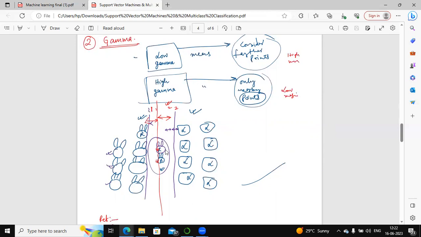So you will draw the hyperplane over here, you will draw a support vector over here, and then you have another support vector. There is another hyperplane over here. So you will get a low margin, right? You understand, right? We get a low margin. From here, the hyperplane is at a very near distance, and from here, very near.